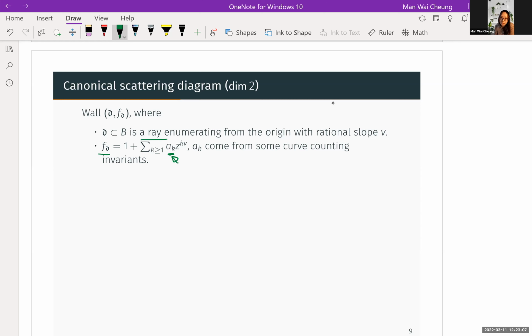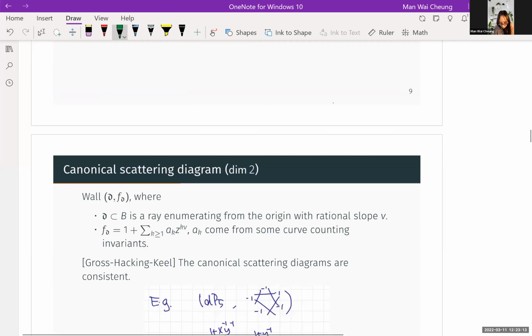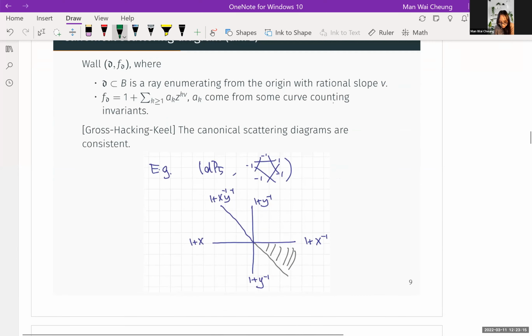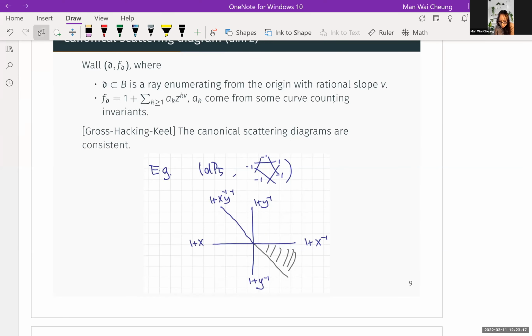For now, just take it as some curve counting invariant that gives us the walls. In this case, we have this cone decomposition.